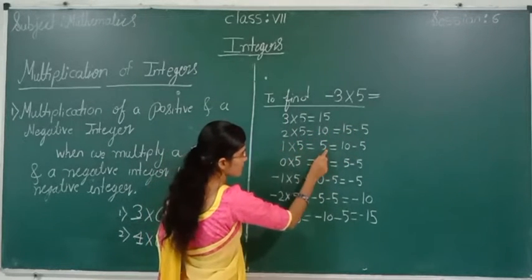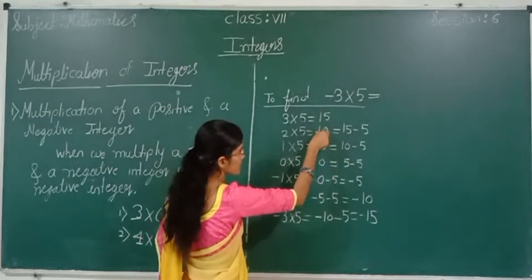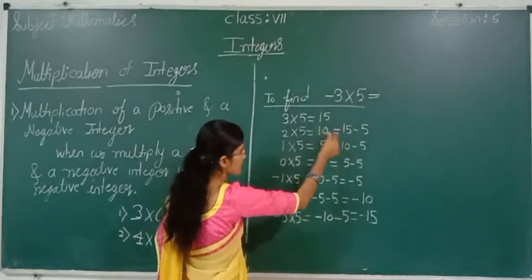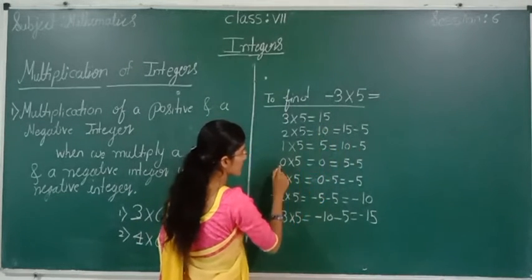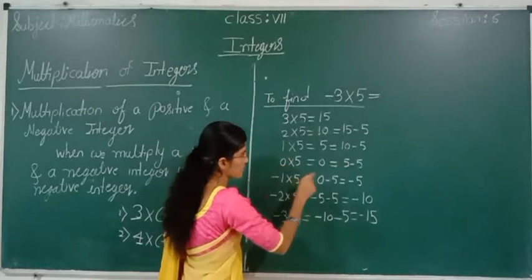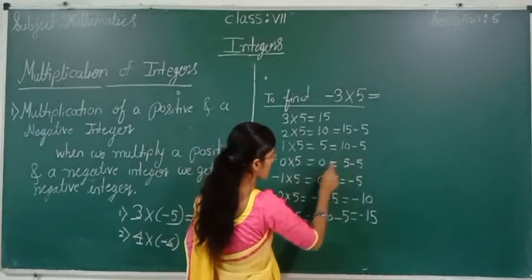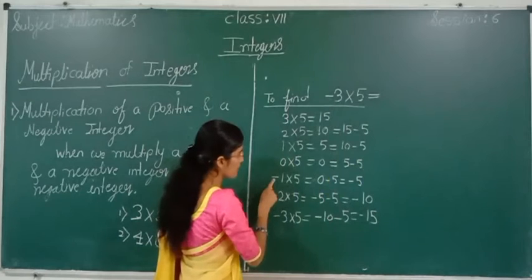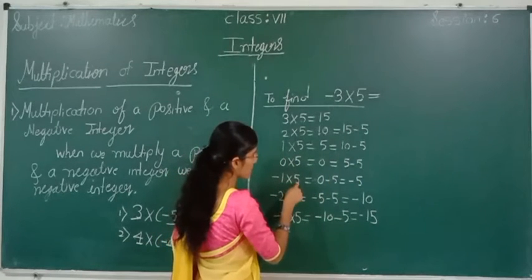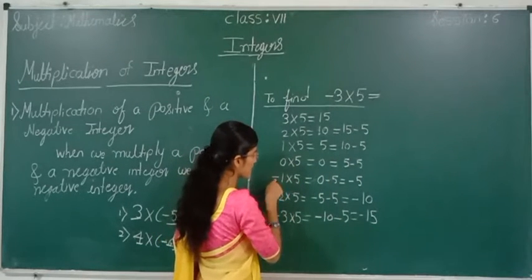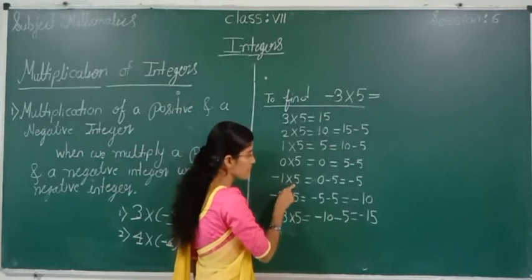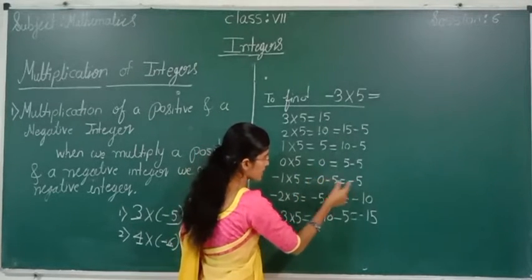1 5 is 5, previous answer minus 5: 10 minus 5 is 5. 0 5s is 0, 5 minus 5. Now minus 1 into 5. You don't know what minus 1 into 5 is, but previous answer minus 5 gives minus 5.